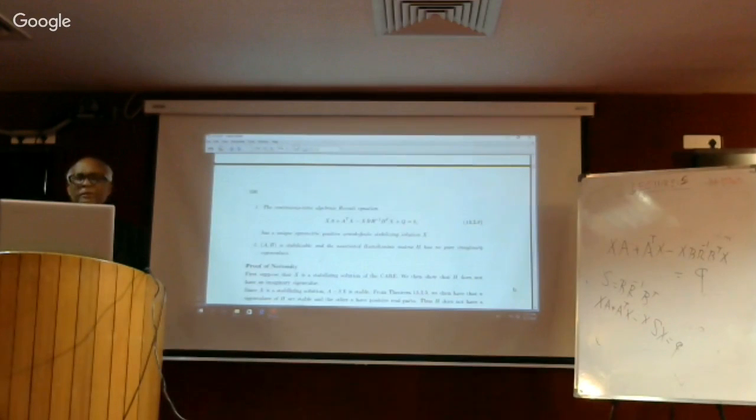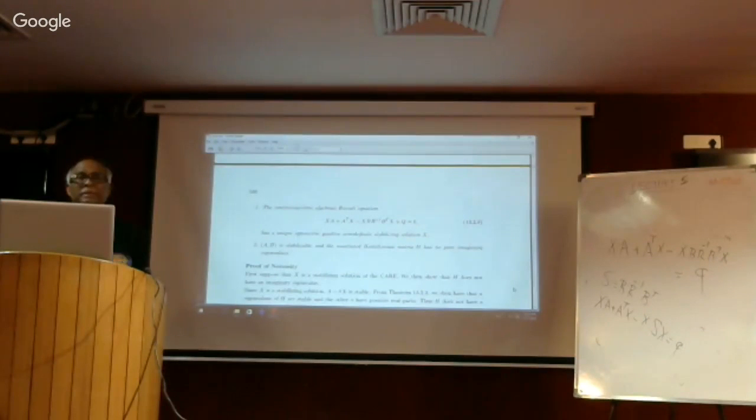So our purpose will be to work with the Hamiltonian matrix now, and try to find an invariant subspace associated with the stable eigenvalues only. Because we don't want the imaginary eigenvalues. The matrix H cannot have any imaginary eigenvalue.